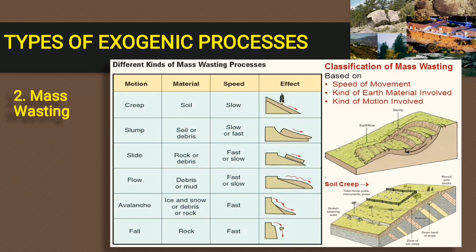In a rock slide or debris slide, the material is sliding down a slope, whereas in a rock fall, the material, which is rock, is falling from a cliff face. The movement is fast.